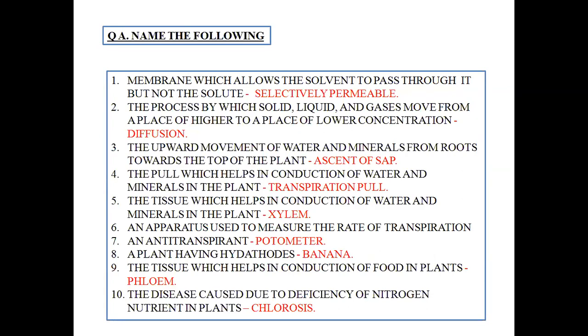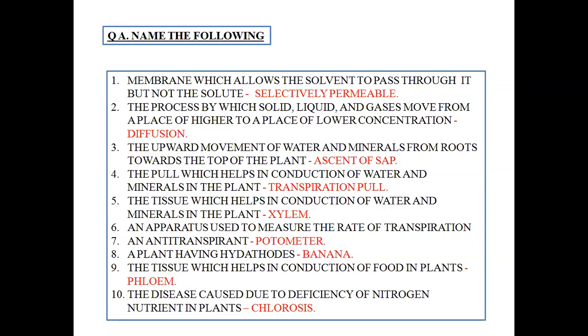That means membranes can be of various kinds. If the membrane allows both solute and solvent to pass through it, it is known as freely permeable. But when the membrane allows only the solvent to pass through it but not the solute, it is known as selectively permeable.